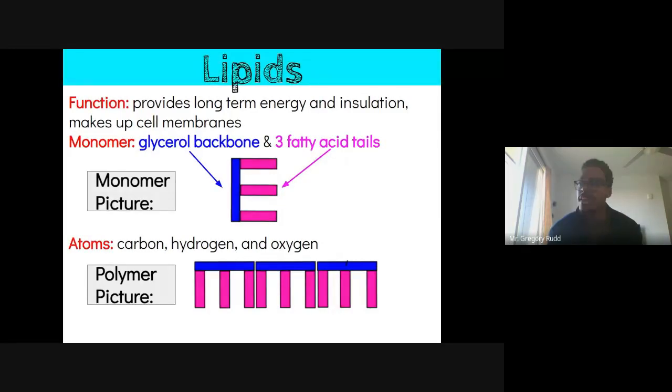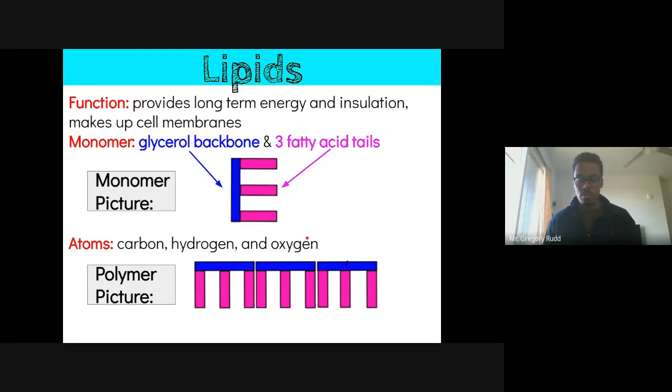And then the atoms, we've got the same atoms that we had in carbohydrates, but the difference is that the atoms in lipids are not in a 1 to 2 to 1 ratio. That's an important difference, and it's a difference that you all will be tested on when we take the Unit 1 exam. So lipids do not have that 1 to 2 to 1 ratio. In this case, we might have 5 carbons, we might have 12 hydrogens, and we might have 6 oxygens.